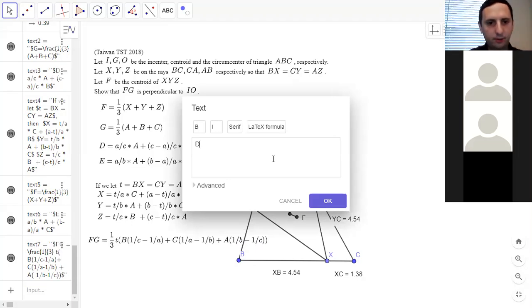So the vector DE, I'll write it like this.